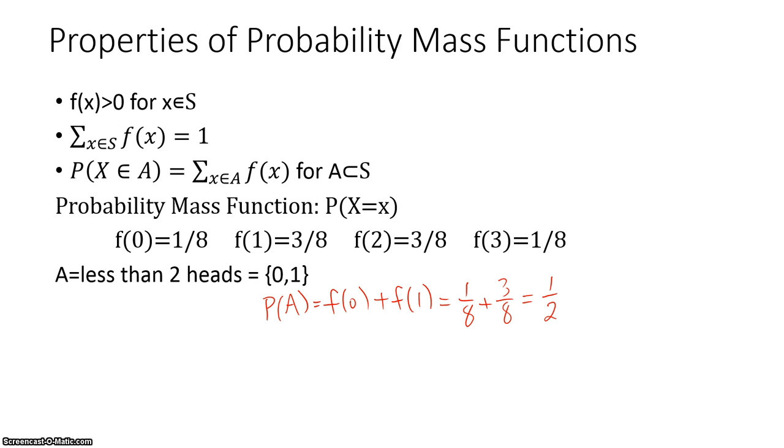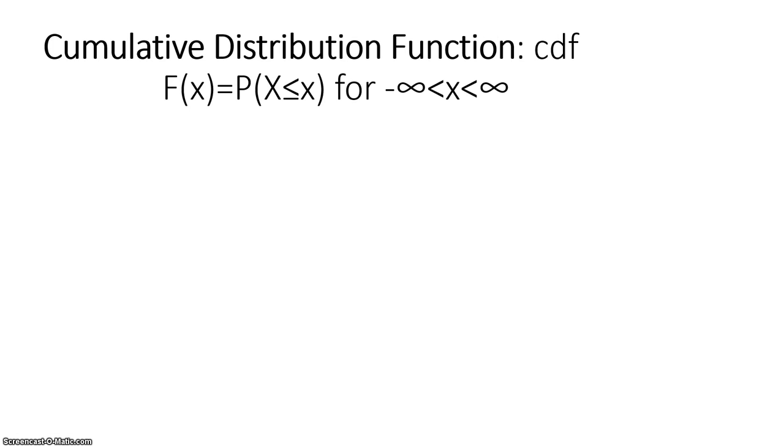Now let's also look at another function associated with the probability distribution of the discrete type, and that is called the cumulative distribution function, CDF. Instead of looking at the probability that our random variable x takes on exactly a particular value x, what the cumulative distribution function does is it tells us the probability that our random variable takes on a value less than or equal to a value little x.